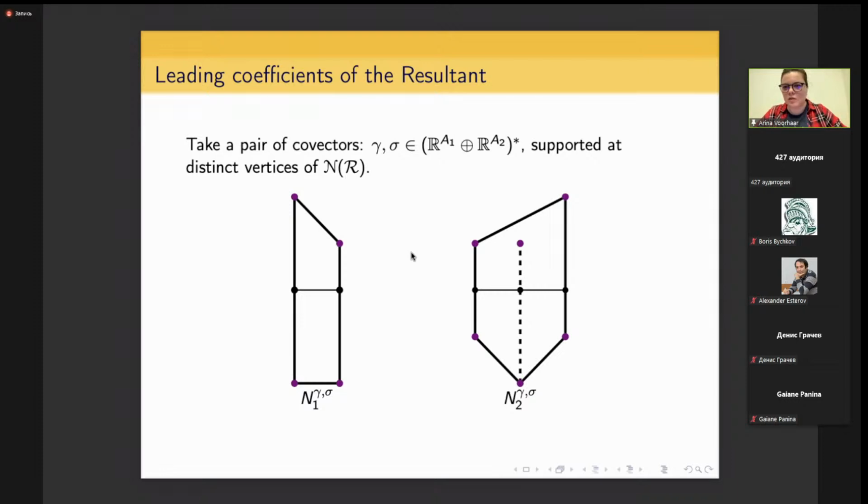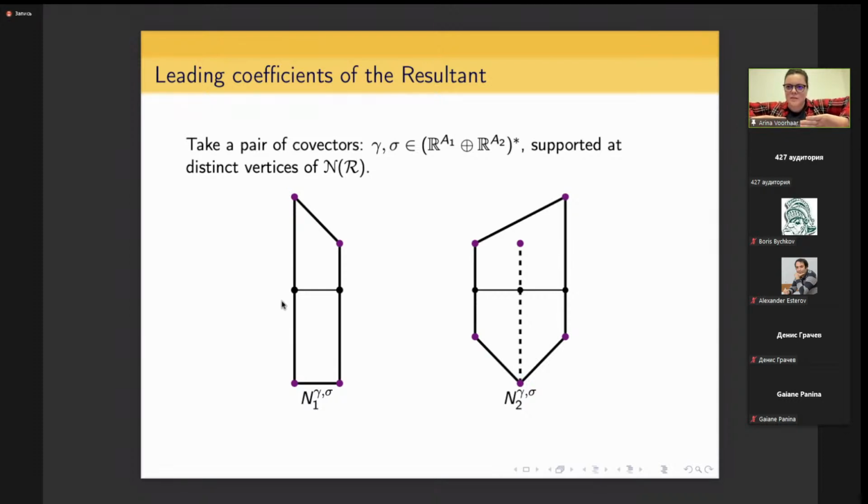But we don't only build tents this time, we also make holes. We dig holes in the ground. And that's what we do with the covector that we don't like, with the covector sigma. So these pictures are the tents for sigma, but just reflected with respect to the horizontal line.